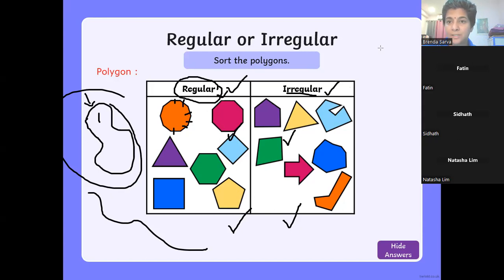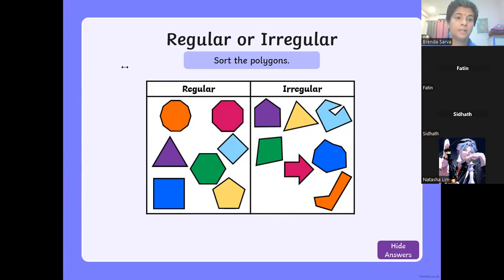For example, I draw a straight line, and then after that, I draw a curvy line like this. Is this a polygon? No. Does this make a polygon? No.